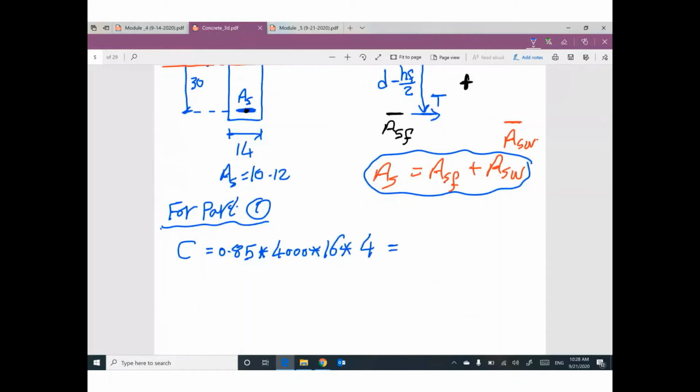Capital T will be this area steel flange times f yield 60,000. So this value will be 60,000 times area steel flange.